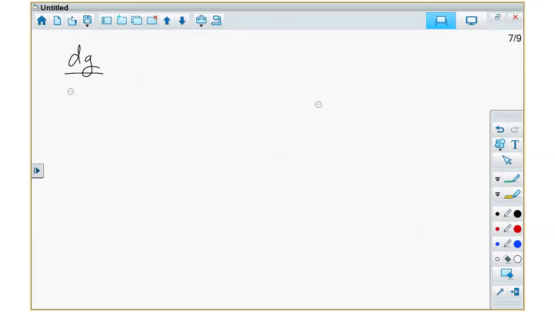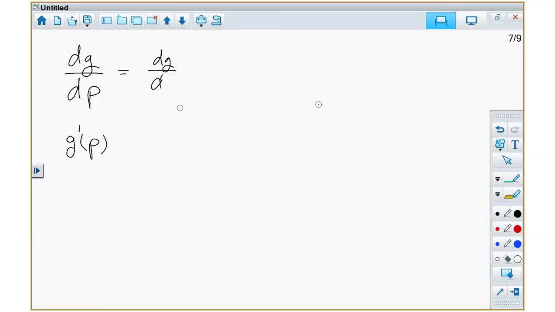D of G over D of P is another way of writing G prime of what? P. So that means D of G over D of P. No, that's just a derivative of G with respect to P, right? That means composition.